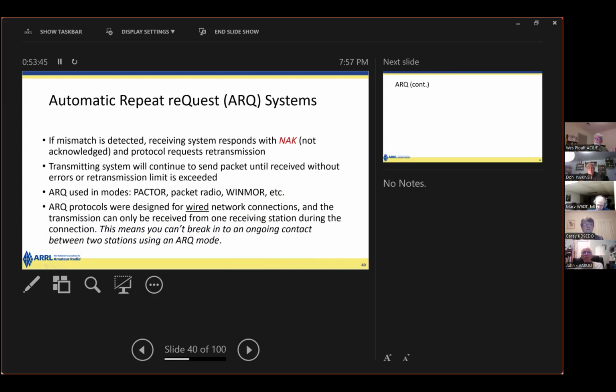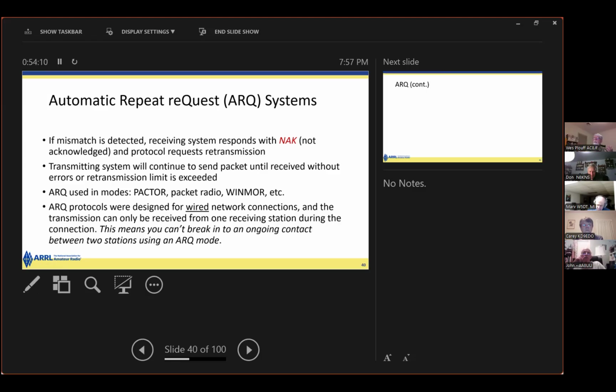So the ARQ protocols were designed for wired network connections, where you have a pair of wires going from one station to another. Well, in the case of radio, the retry mechanism only works between one transmitter and one receiver.